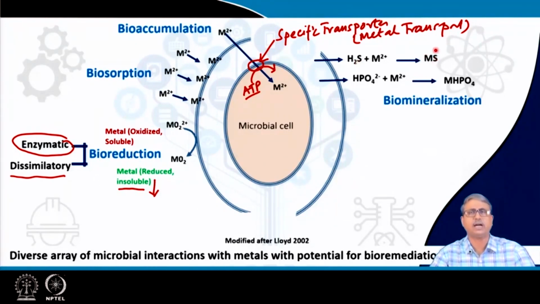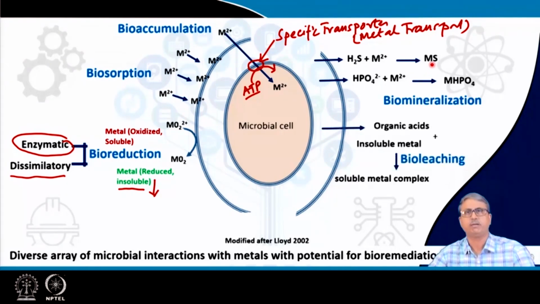Now, metal sulfides are again insoluble and they form minerals. From small nucleation centers, gradually the minerals grow up, and huge deposits of metal sulfide precipitates or metal phosphate precipitates form.